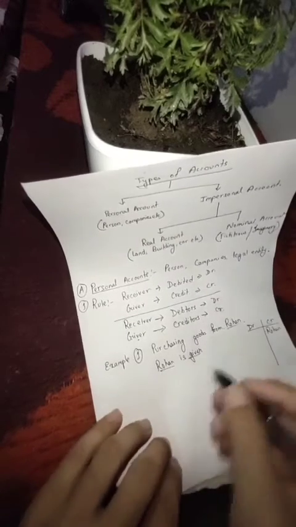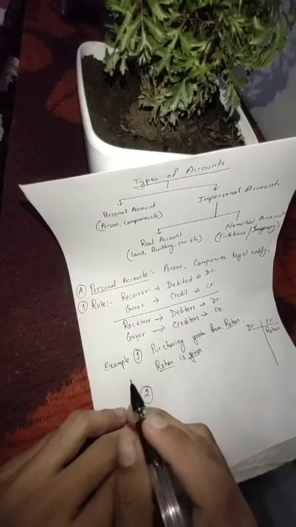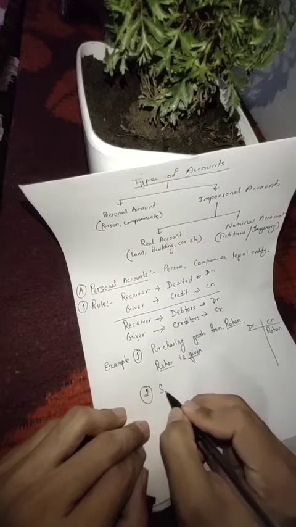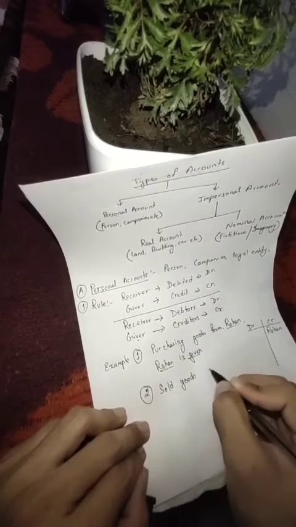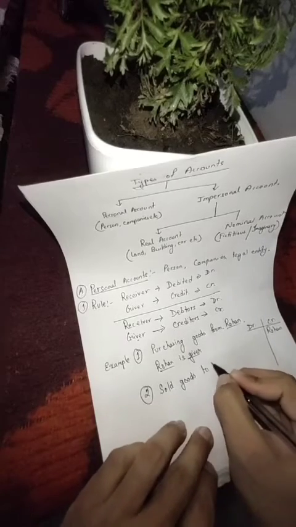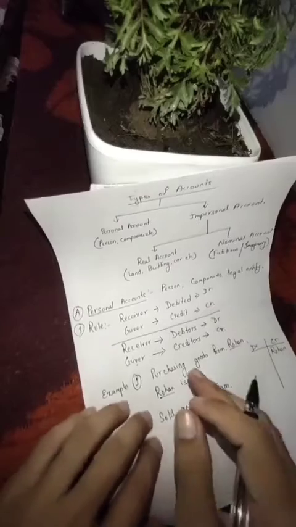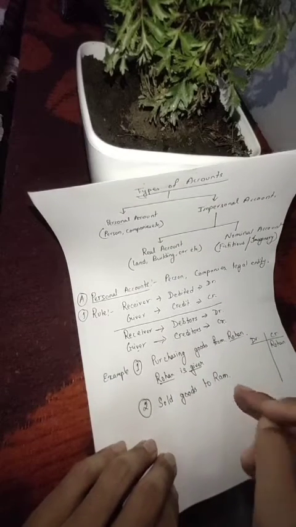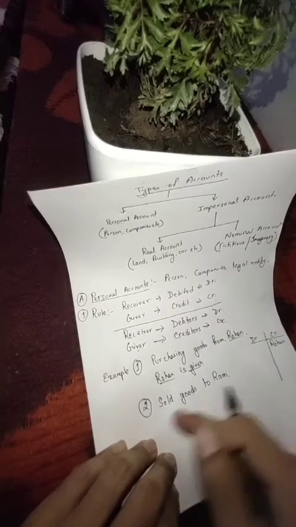Okay, now let's take another example, example number 2. Let's say that we are selling goods. Sold goods to Ram. Now, same thing, we have to consider whether Ram is a giver or a receiver. We need to understand this transaction first.